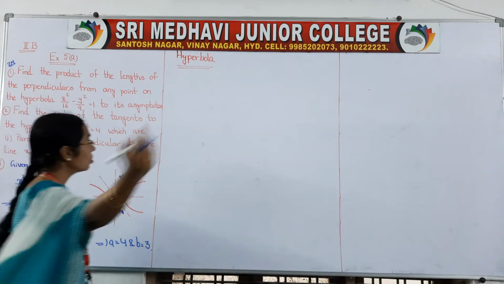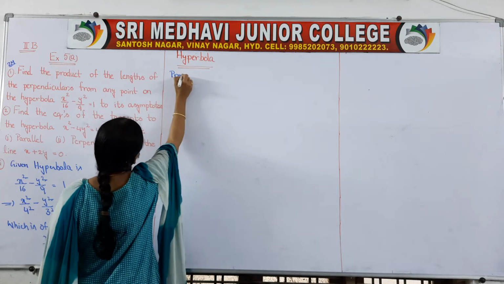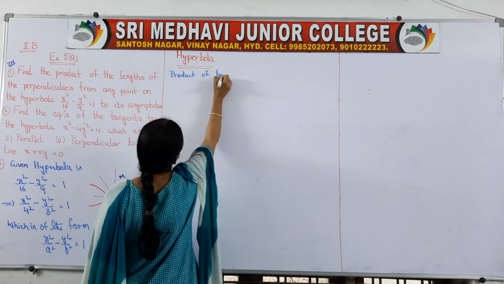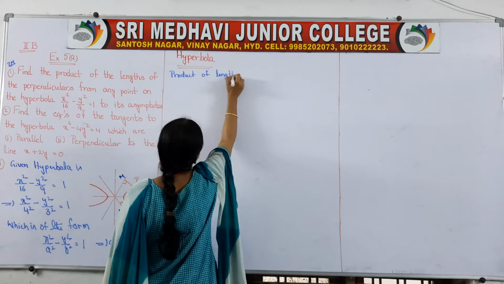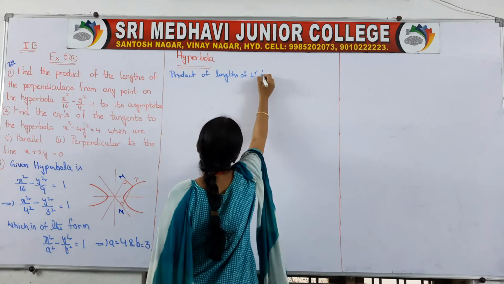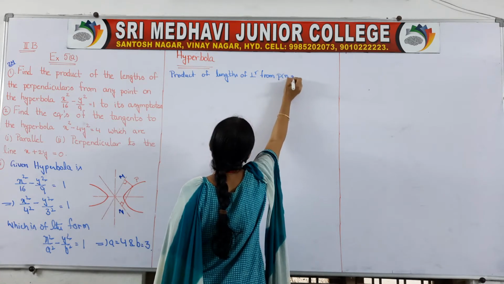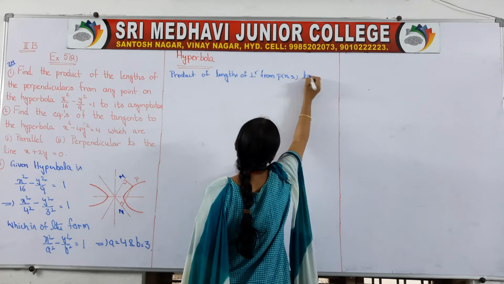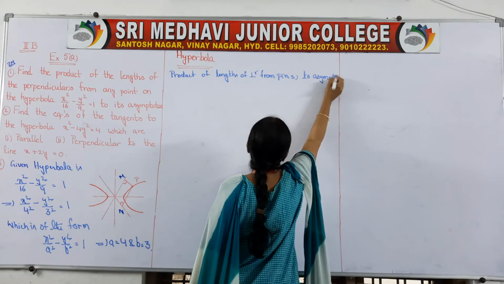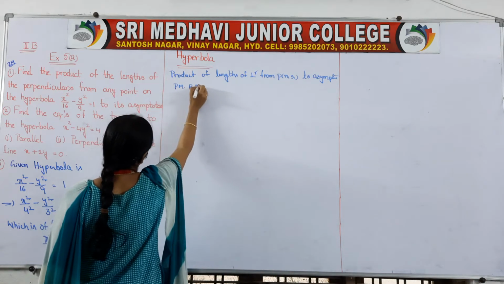Okay. So now you take the product of the lengths of the perpendiculars from the point P(x1, y1) to the asymptotes, that is PM into PN.